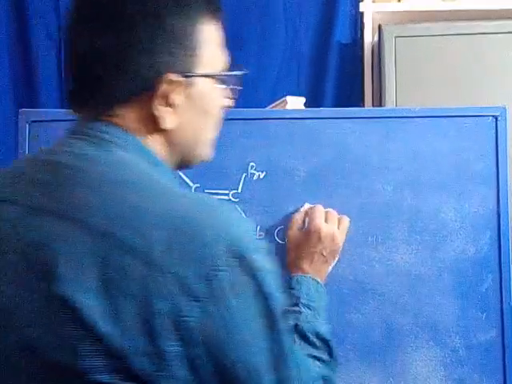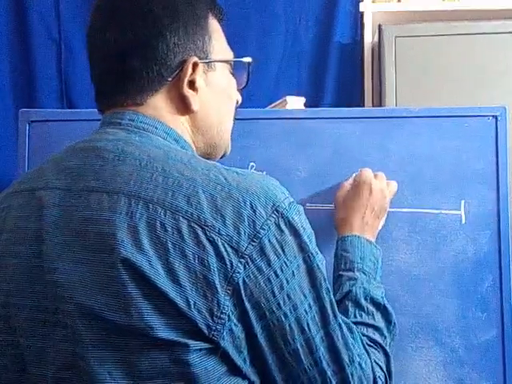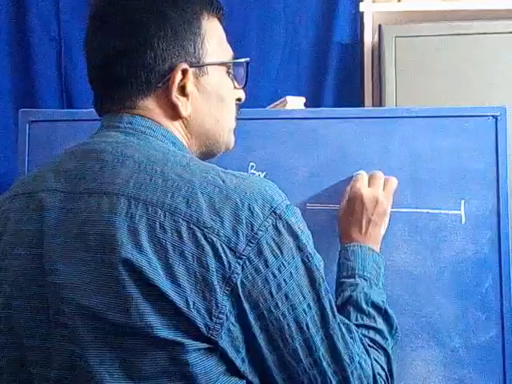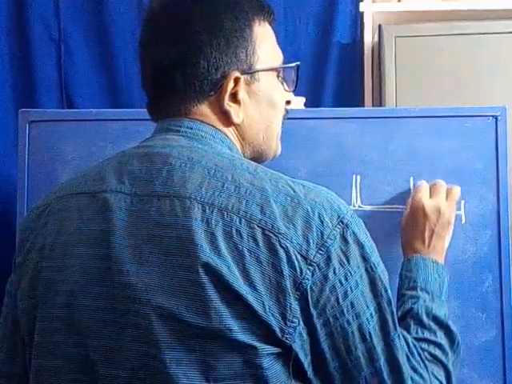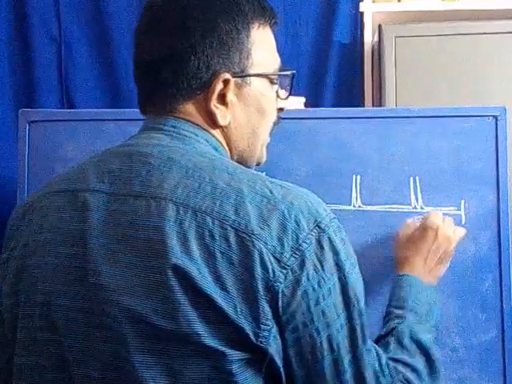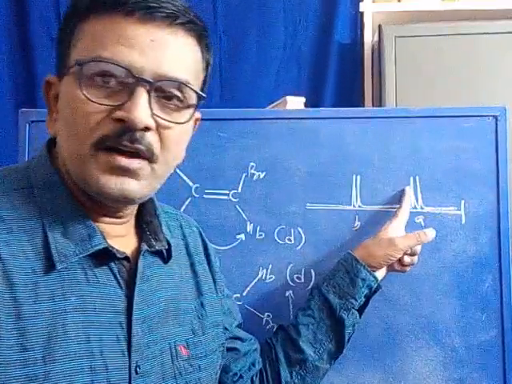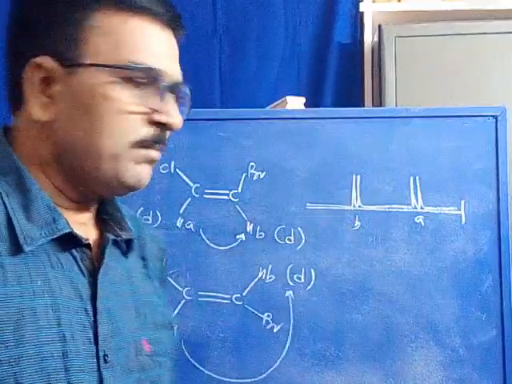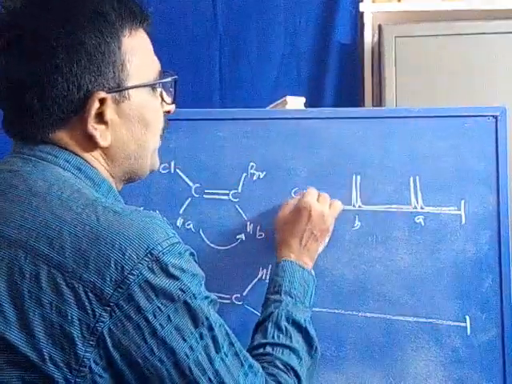Let us observe their spectra. A doublet signal for the B proton, a doublet signal for the A proton, A and B. This is one doublet, this is the second doublet for the AB protons for trans. This is the cis spectrum.